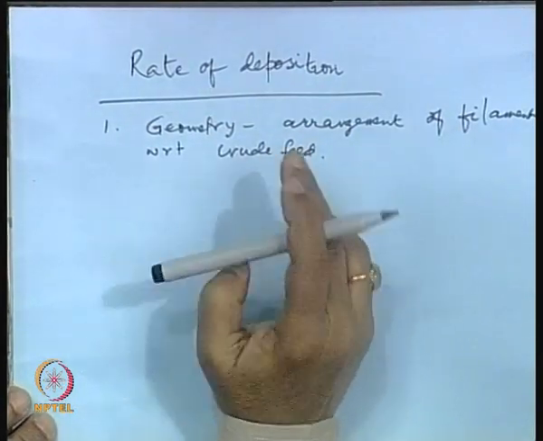One has to optimize the distance between the filament and the crude feed, the dimensions of the chamber.